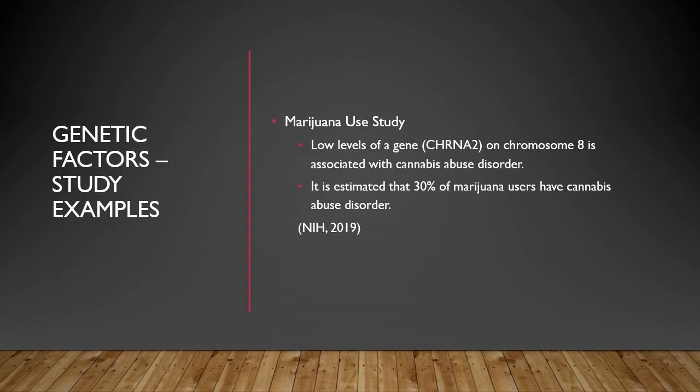So the first study we're going to be looking at is the marijuana use study that says that low levels of a gene on chromosome 8 is associated with cannabis use disorder. This gene right here is CHRNA2. I don't expect you to memorize that, but if you're curious, that's the name of the gene.